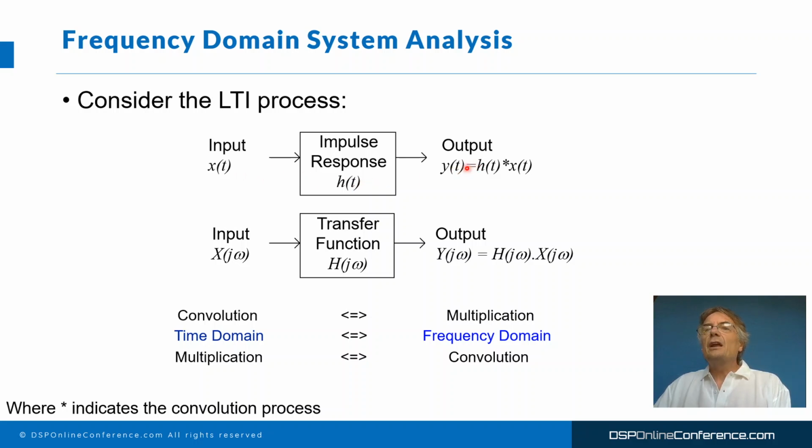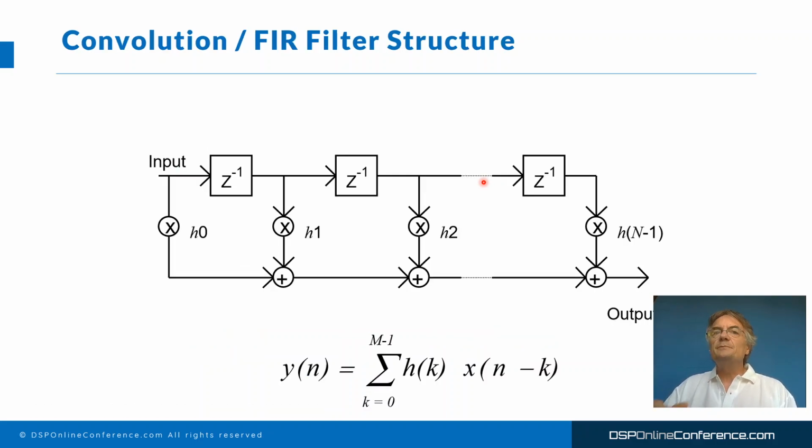And if we want to calculate the output mathematically, y of t, then y of t is equal to the convolution of the input sequence x of t with the impulse response of the system h of t. That's a constant time process.